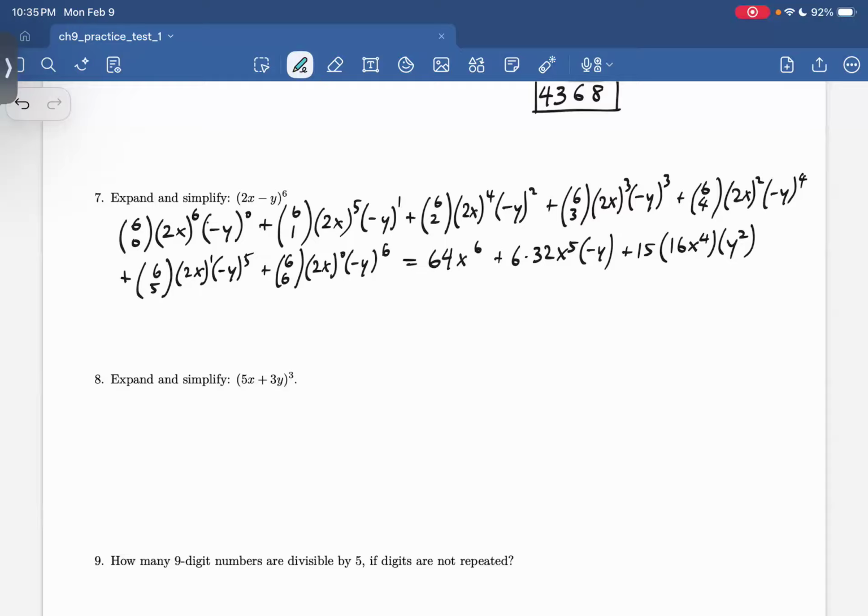Y squared. 6 choose 3 is, what is that? 20? 6 choose 4 is 6 choose 2, which is also just, what, 15, right? 6 choose 5 is 6. 6 choose 6 is 1.